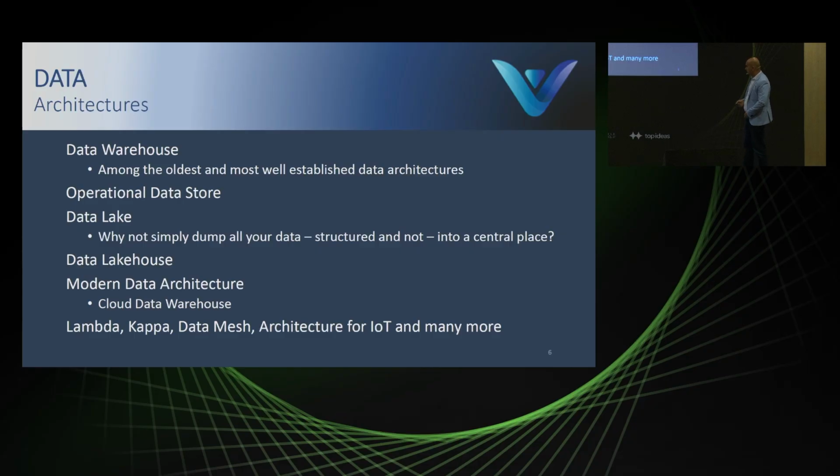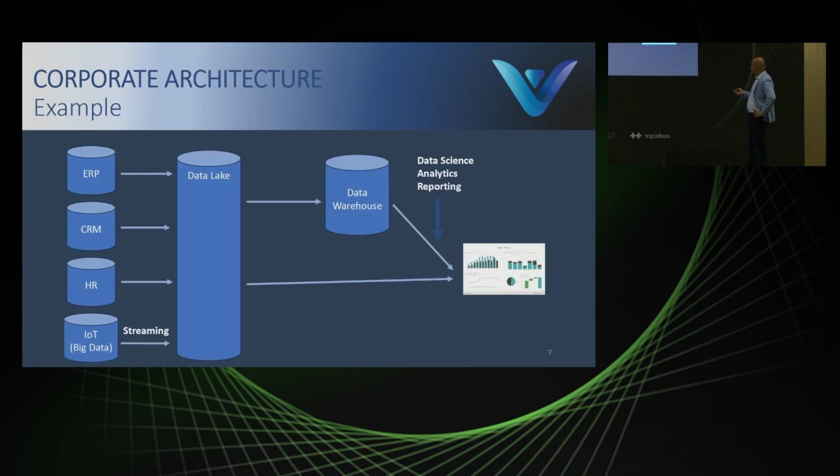Then even more modern architectures appeared, like data lakehouse, that combines both worlds, with a data lake for unstructured data and data warehouse structures with facts and dimensions for structured data, and of course, cloud data warehouse. We will talk mostly about these last architectures when we talk about the next generation of ETL or ELT generators.